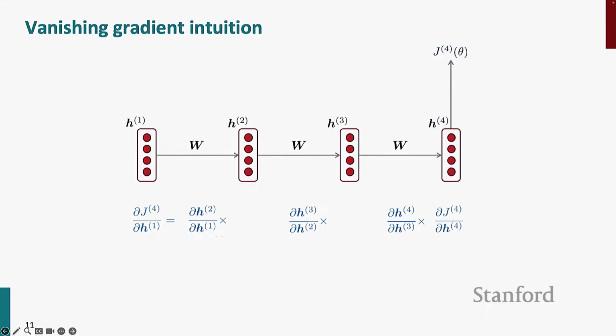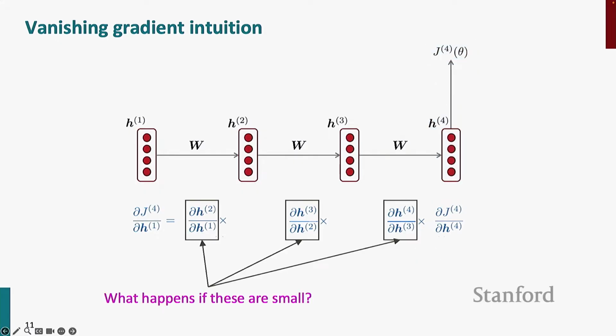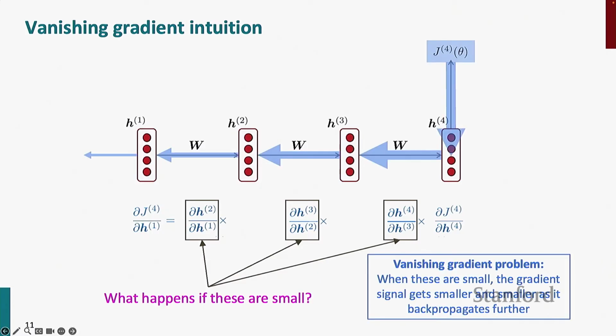And so what kind of effect is that going to have? In particular, we might ask, what happens if these are small, or what happens if these are large? Well, if they're small, the gradient will gradually get smaller and smaller and disappear as we backpropagate it along the sequence.